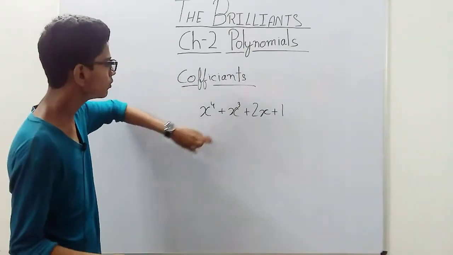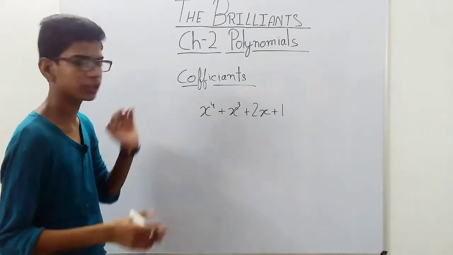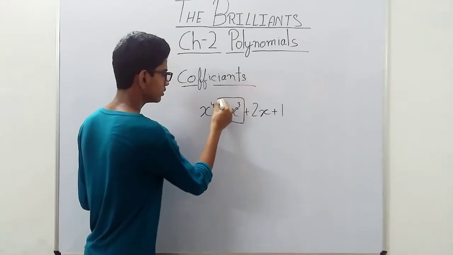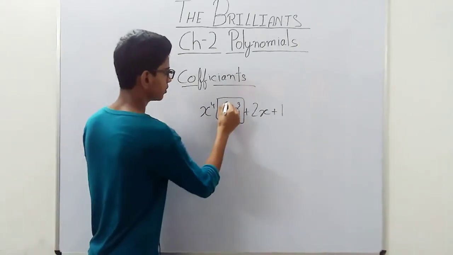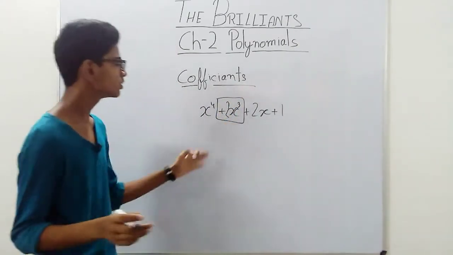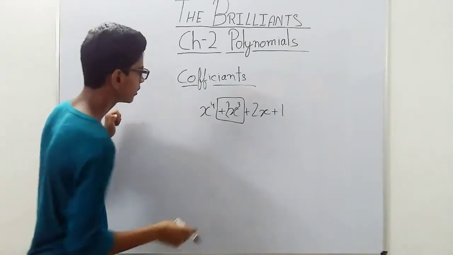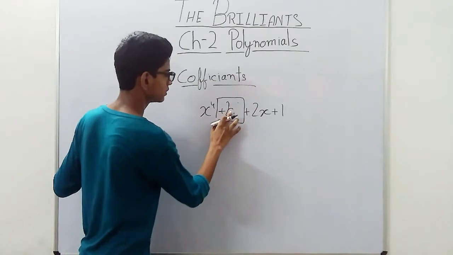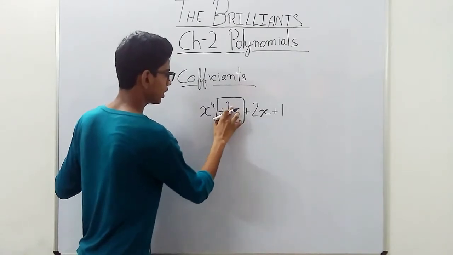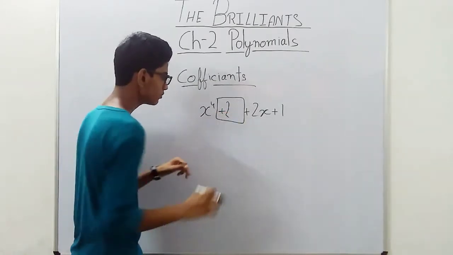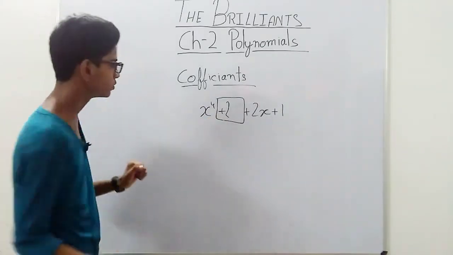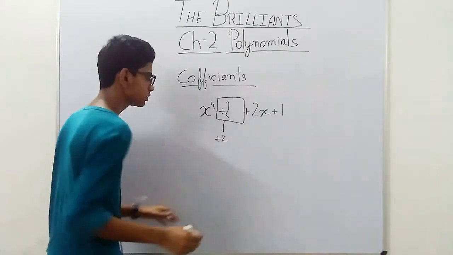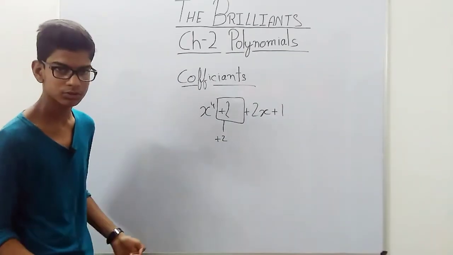We take the whole term of x to the power 3. If we put a 2 there, then we just erase this x cube and see what is left, plus 2. So the coefficient of x cube is plus 2, or simply 2.